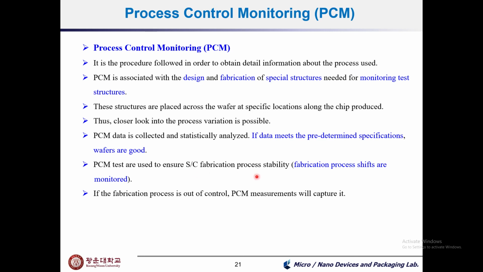In the semiconductor fabrication process, the PCM tests are used to ensure the process stability, where the process shifts are monitored. So in case the fabrication process is out of control, PCM measurement will capture it.